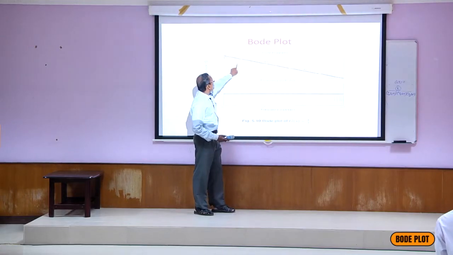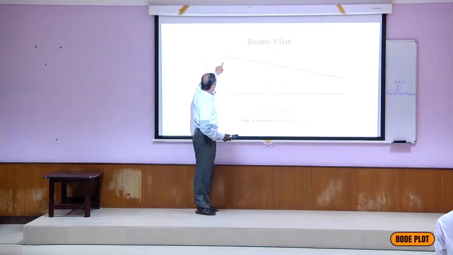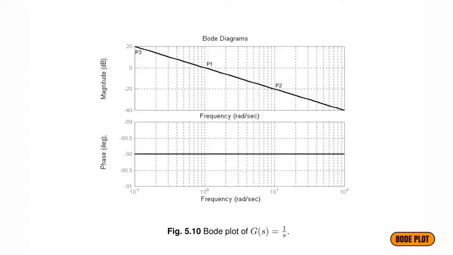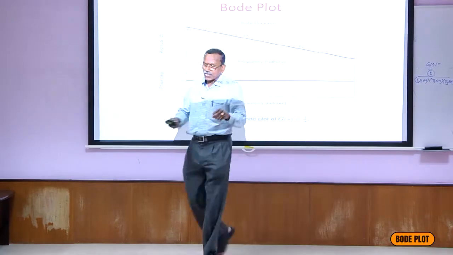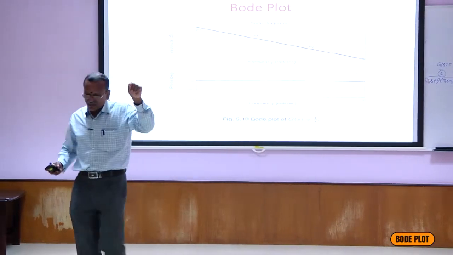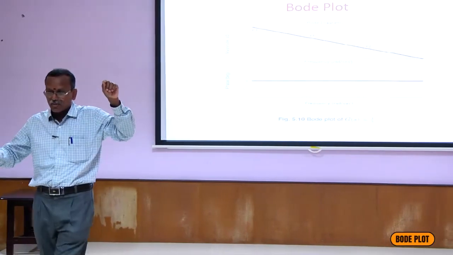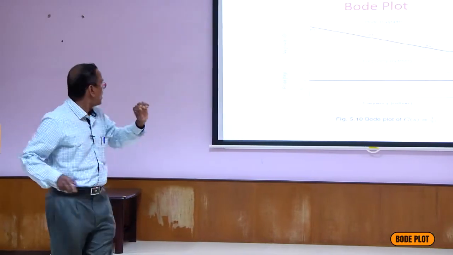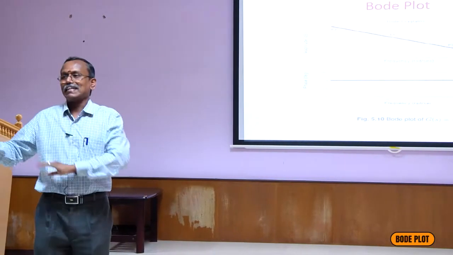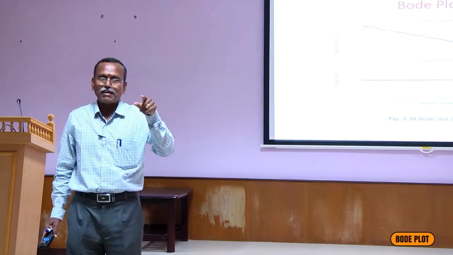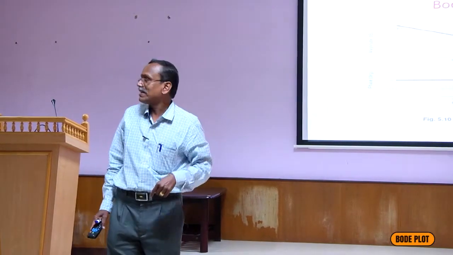When omega equals 10 power minus 1, that is 0.1, 20 dB. When omega equals 10, minus 20 dB. So it is a straight line passing through plus 20, 0, minus 20, as omega varies from 0.1, 1, 10. The frequency varies by being multiplied by 10, which is 1 decade.